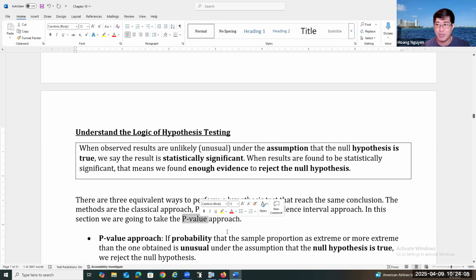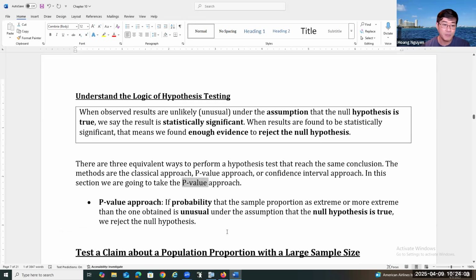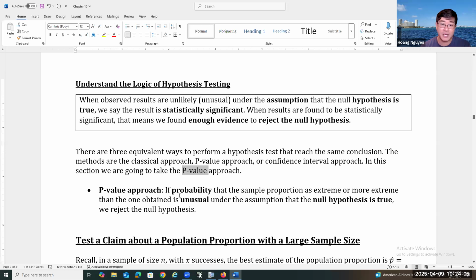So what is the p-value? The p-value approach is the probability that the sample proportion is as extreme or more extreme than the one observed. If that probability is unusual under the assumption that the null hypothesis is true, then we're going to reject the null hypothesis.